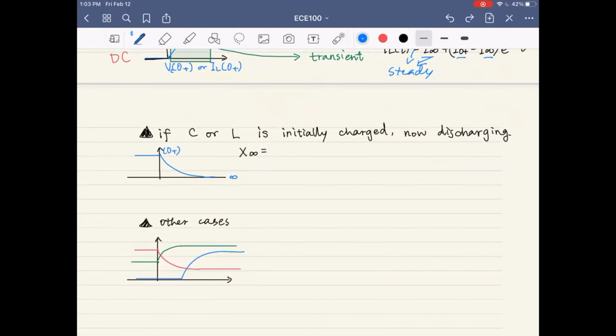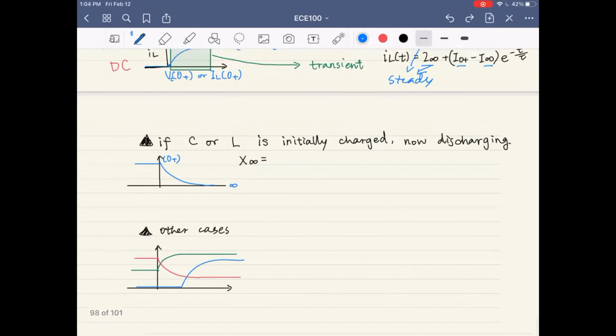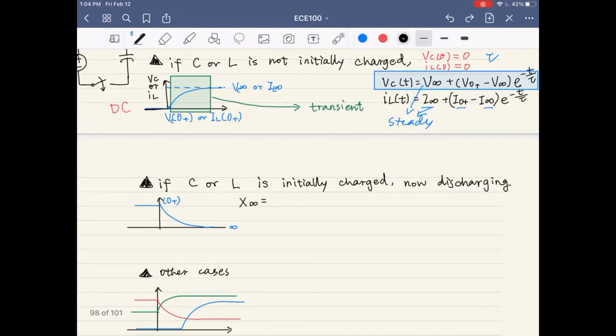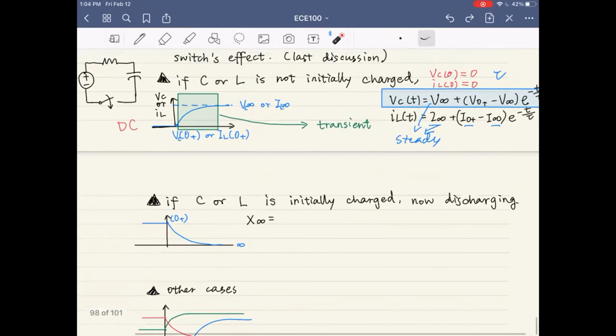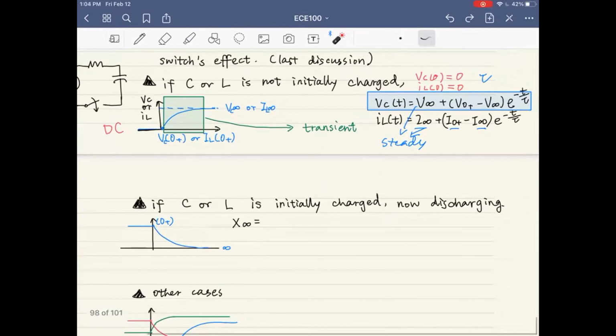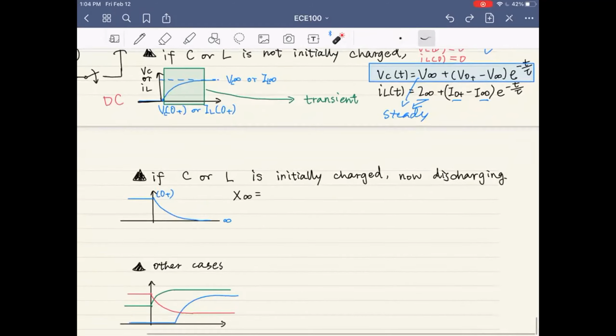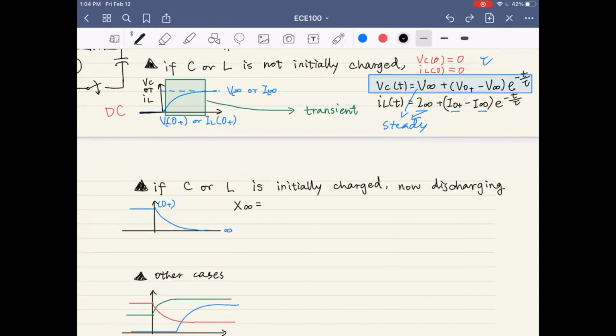And when C or L is initially charged, and after the switch takes action, it is discharging and delivering its energy to the surrounding resistance, until the resistance consumes all the energy. In this case, it is just the opposite. It has some value at the beginning, and then it drops to 0. The transient response acts like an exponential function. Here we are still using the equation, but we can simplify it.